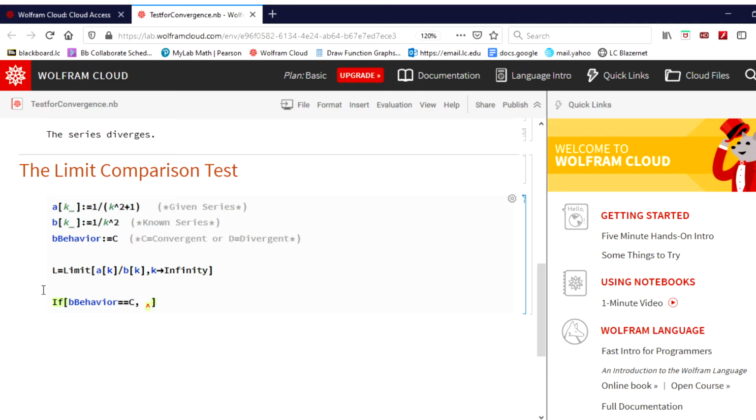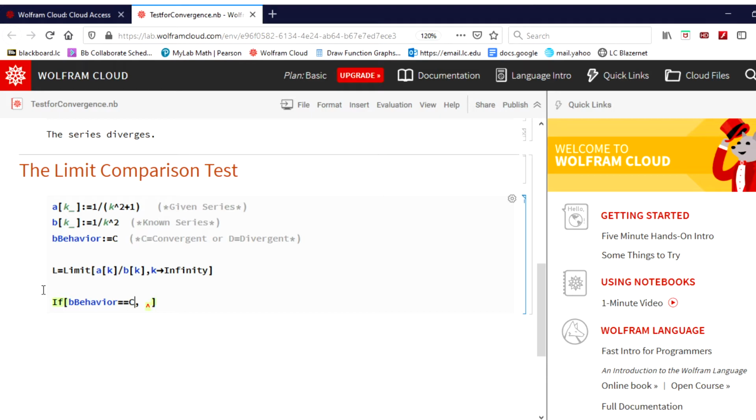This denotes equal to. If I wanted to do less than or equal to, I would do a less than sign and then an equal sign. If I want to do a greater than or equal to, I would do a greater than sign and an equal sign. You need two symbols together to set up some of these conditions. So equals would be two equal signs.